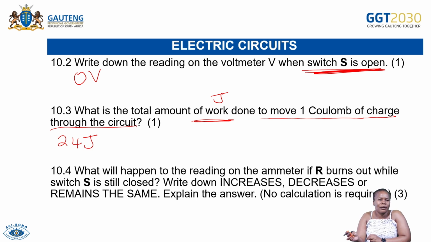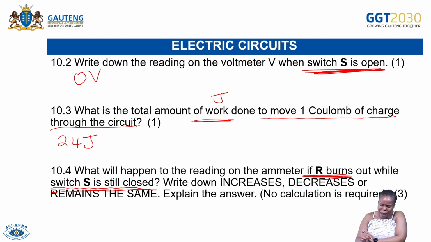What will happen to the reading on an ammeter if R burns out? The one that we just found to be 4,2. So if it burns out, that resistor that was unknown before, while switch S is closed, meaning that the current is flowing, write down increase, decrease, or remain the same.